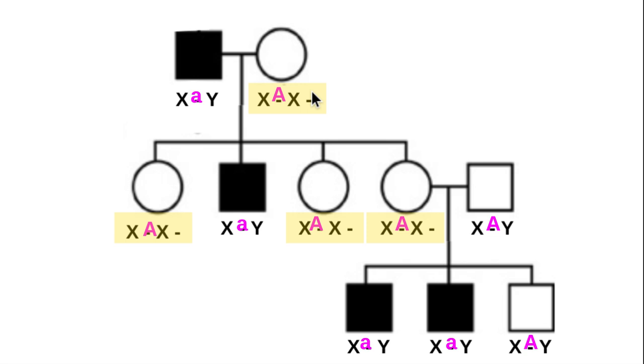So this parent up here has to be X with a big A, X with a little a. We can also take a look at these guys and look at their parents. So they have a big A. Where did the big A have to come from? Oh, the big A had to come from this person because they're the only one that has a big A, which means the little a has to come from this person. And so if this kid has a big A and a little a, then all of these have to have that same thing because the big A comes from this parent and the little a from that parent. So you just fill them in.